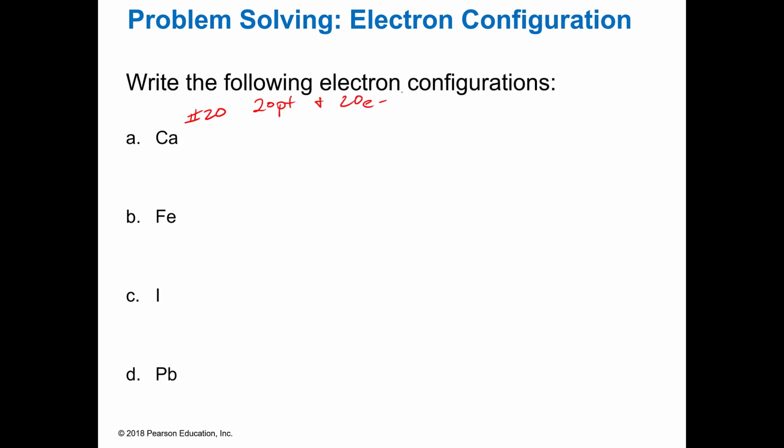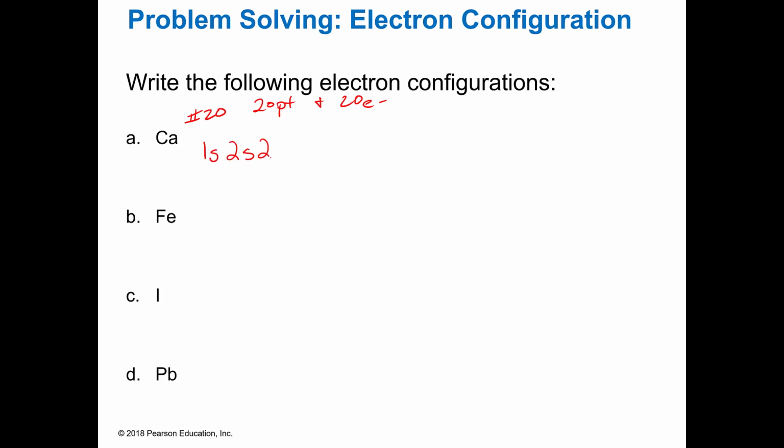So once I know how many it is, I have to know what the order is for the electron configuration. You can use either method. You can look at the periodic table. It's only got 20 electrons, so it won't even get into the D's, okay? Or you can memorize it, or you can use the arrow method that I showed you before. So whatever method you do, you're going to write that down.